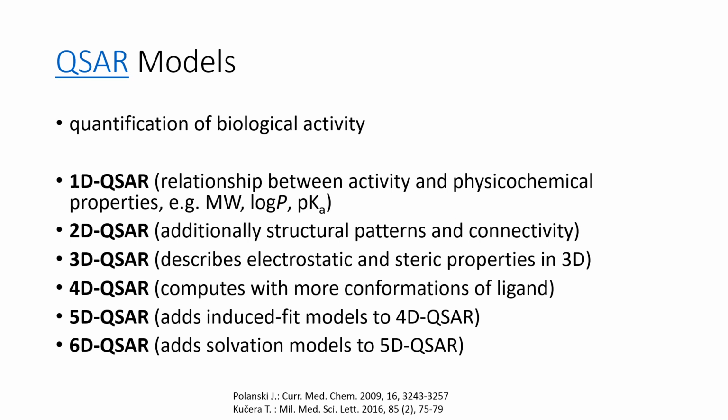There are some more sophisticated QSAR models that include structural patterns or connectivity. 3D QSAR employs also the electrostatic and steric properties in 3D. 4D QSAR computes with more conformations of ligands. 5D QSAR adds induced fit models, and 6D QSAR adds also the solvation models.